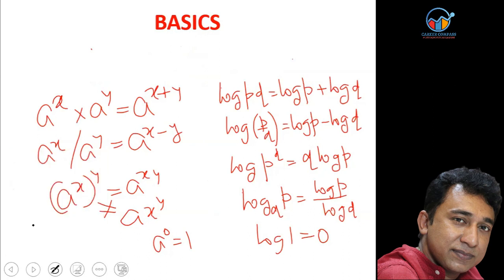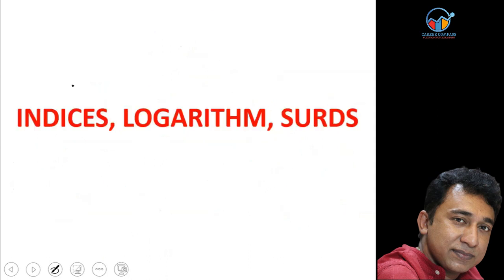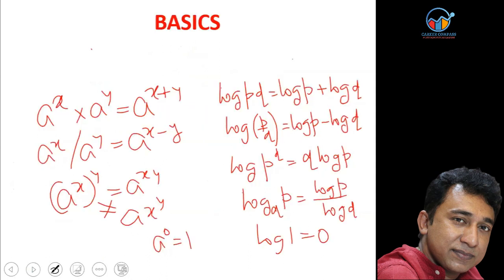So consider x-axis and y-axis. The logarithm graph looks somewhat like this, where this is 1. So log of 1 is 0, as you can understand.